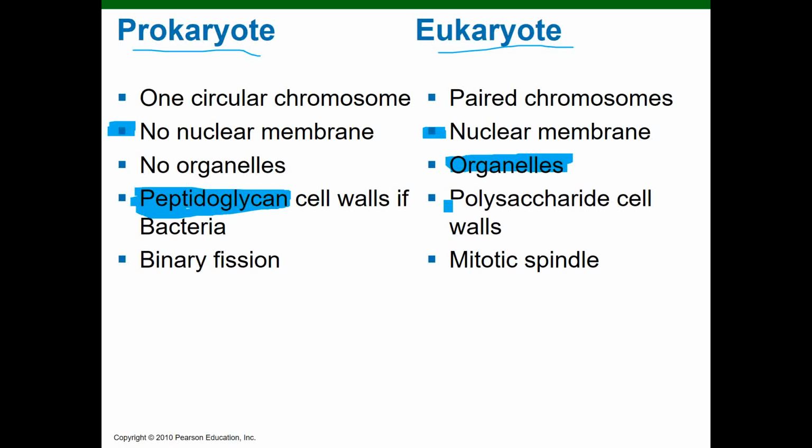They have cell walls, but their cell walls are composed of more complex sugars or polysaccharides as opposed to peptidoglycan, which is primarily found or only found in bacteria. Okay? Eukaryotic cells also reproduce via mitosis, which is a specialized type of cell division I'll touch on very briefly, but not going to dive into it too deep. You should have had that in general biology.